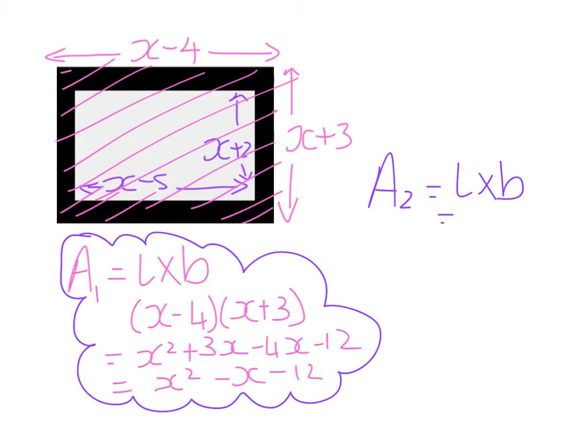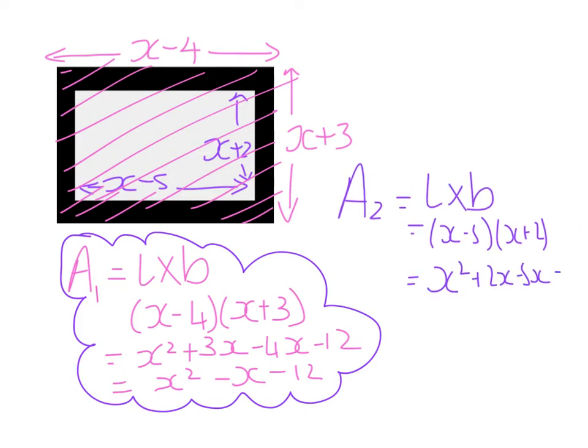And if we look at the inside of this rectangle, the dimensions are x minus 5 and x plus 2. And when we multiply that out, we're getting x squared plus 2x minus 5x minus 10. And we simplify that to x squared minus 3x minus 10.